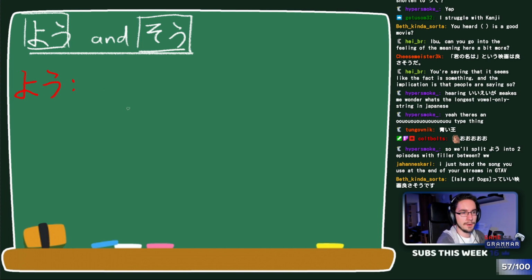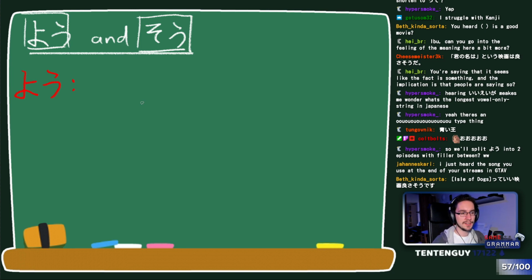So we're going to talk about how using yo to say, like, it's good. で、いい映画。で、いい映画良さそうです. So you're kind of saying good twice there, so you have to kind of choose one. You could say って、良さそう映画ですね。or っていう映画は良さそうですね。or you could say っていい映画です。Which would be like, it's a good film.